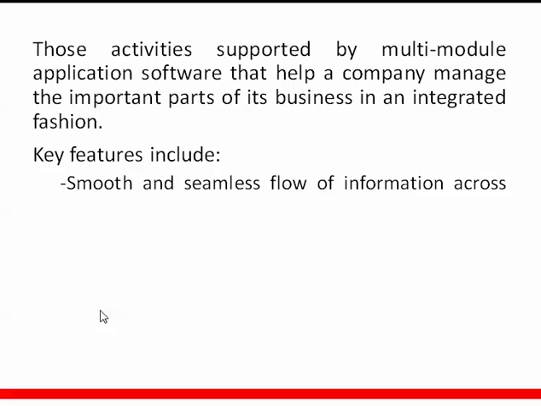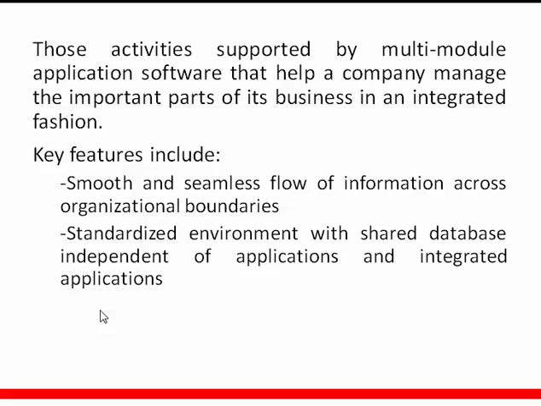Those activities are supported by multi-module application software that helps a company manage the important parts of its business in an integrated fashion. Key features include smooth and seamless flow of information across organizational boundaries, and a standardized environment with a shared database independent of application and integrated application.